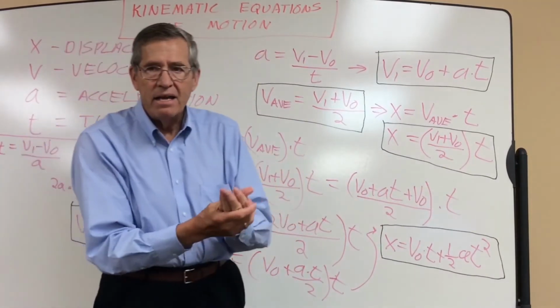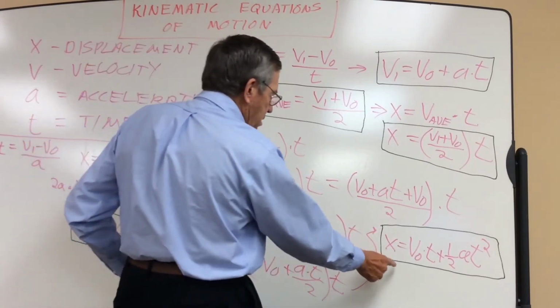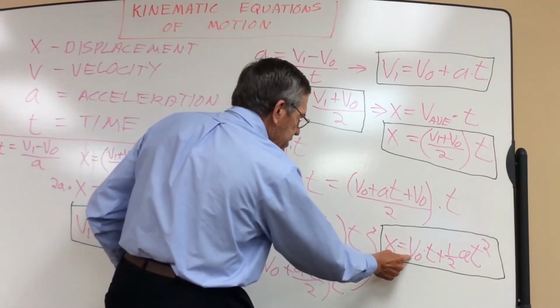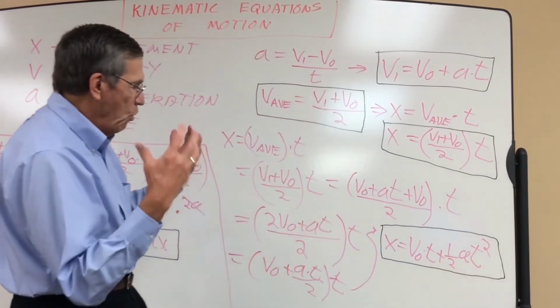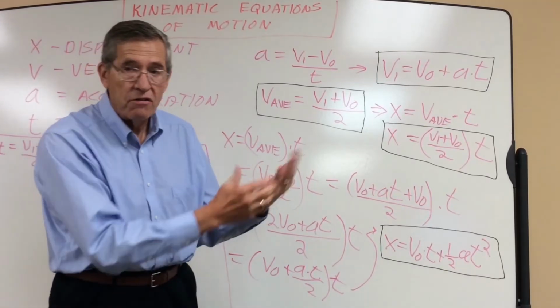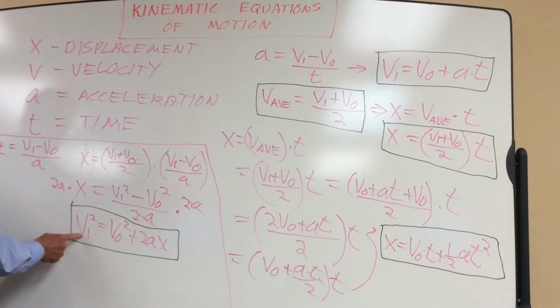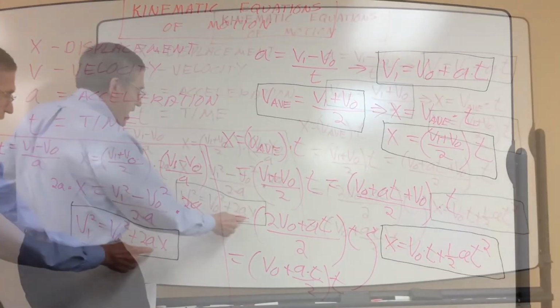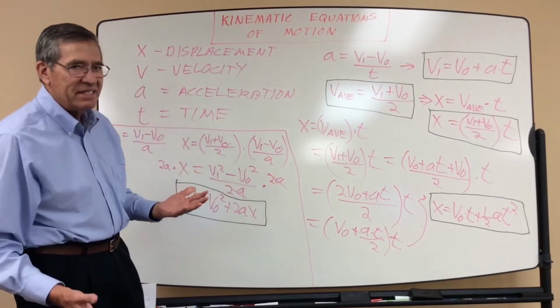We have no a. Down here, we have x, v0, t, a. What's missing? Well, v1, the final velocity. And finally, in our fourth equation, we have v1 and v0, a, and x, but we don't have t.